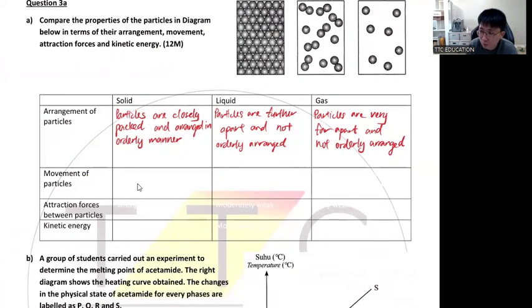Okay, then the movement of particles. So how do they move? For solid, particles look like they don't move, right? But cannot say they don't move. They actually move, but in a very, very minor way. So we say that they vibrate and rotate at fixed position.